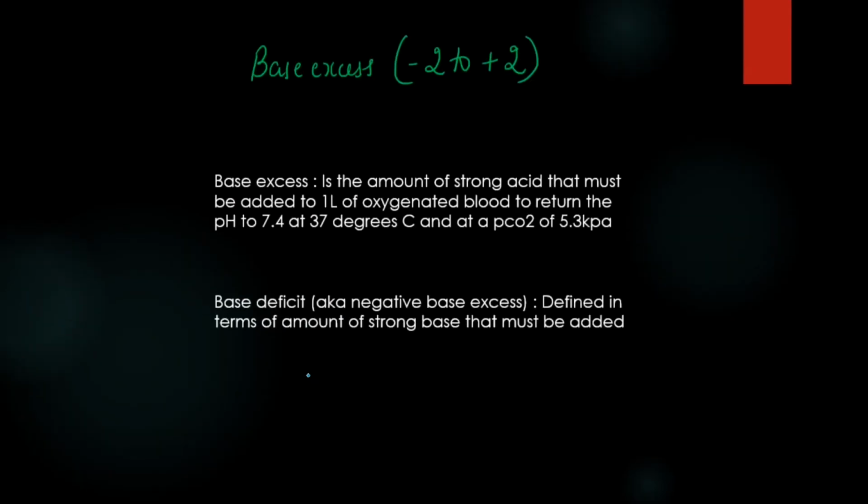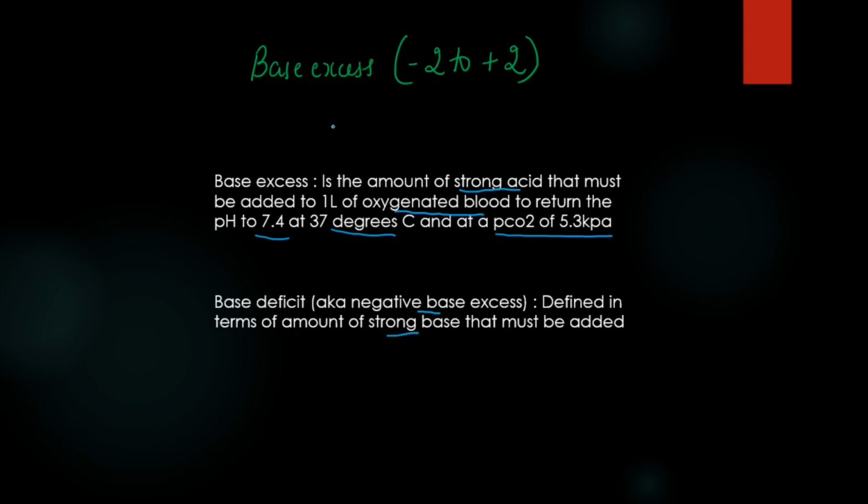So what is the base excess? It's the amount of strong acid that must be added to a liter of oxygenated blood so that the pH goes back to 7.4 at 37 degrees Celsius and the PCO2 being 5.3 kilopascals. And on the other hand, base deficit, meaning too little base, or also known as a negative base excess, would be defined in terms of the amount of the strong base that needs to be added.